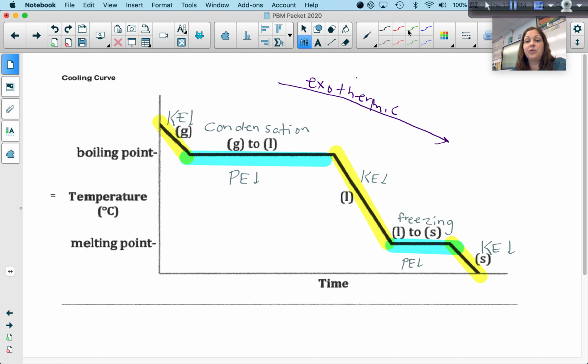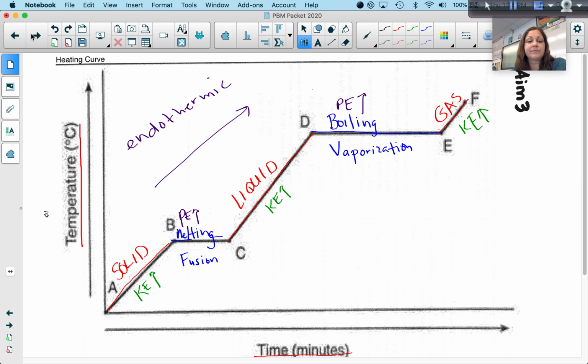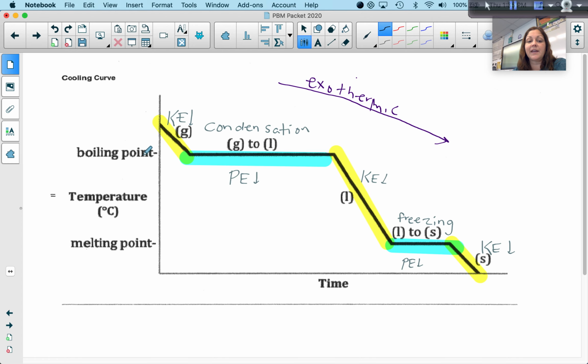Now, if you will flip back to the other one, whatever temperature melting happens at, we would call that the melting point or the freezing point. Whatever temperature the boiling happens at, that would be the boiling point. It would also be the temperature that we'd have condensation. Same thing here.